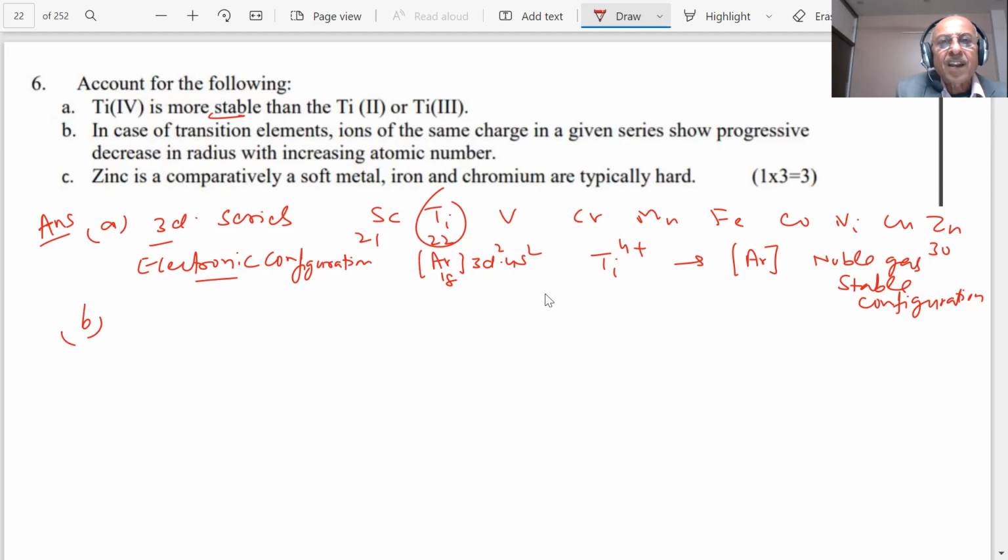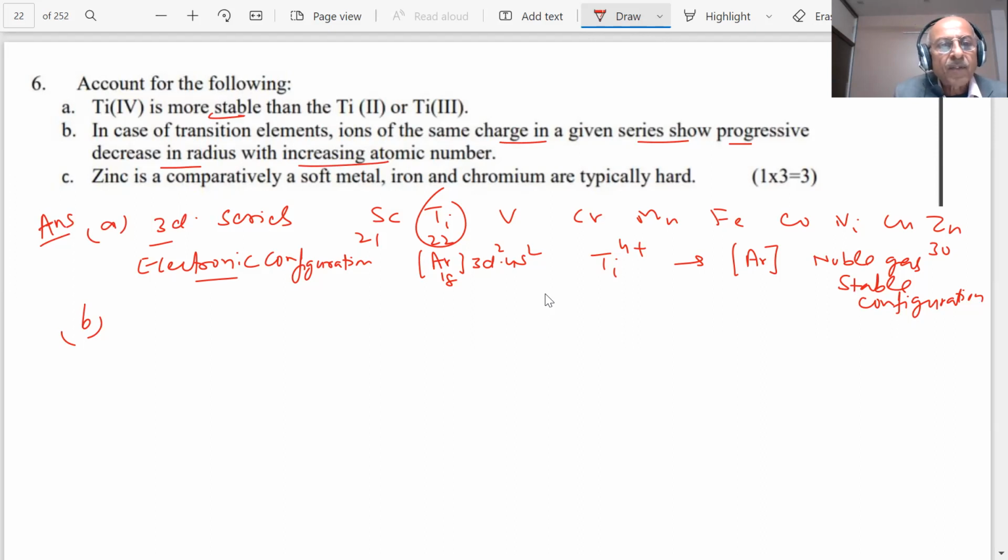In case of transition elements, ions of the same charge in a given series show a progressive decrease in radius with increasing atomic number. Again, you see what is happening when I say that in the transition elements there is the same charge. These are the transition elements I have written.